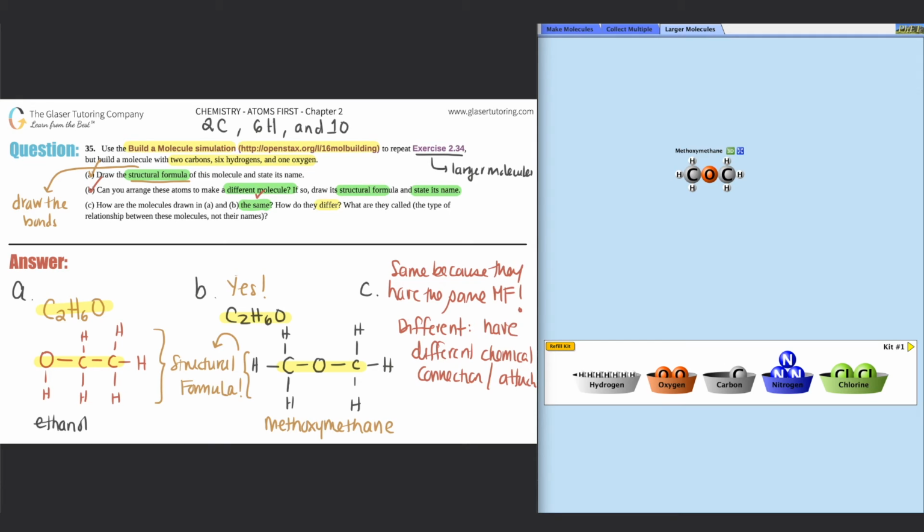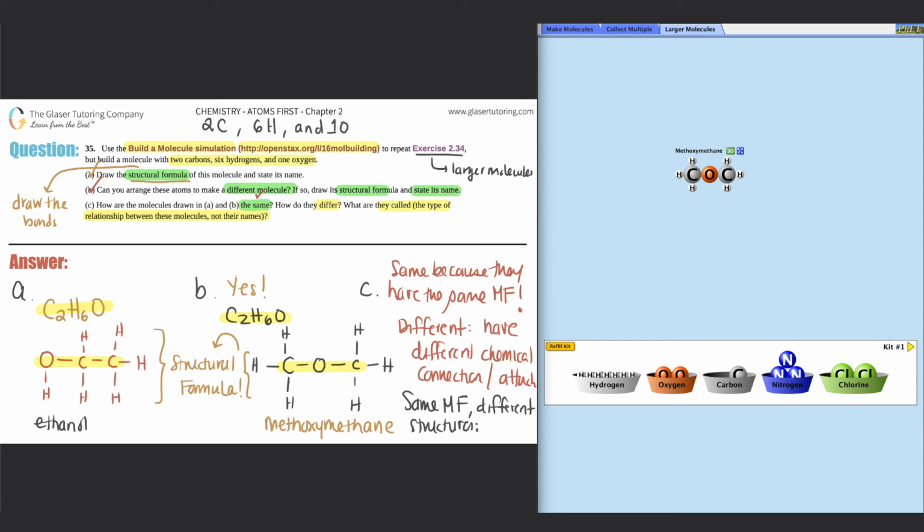So what are they called? What's the type of relationship between these molecules, not their names? So, if you have the same molecular formula, so same MF, but different structures, these are called what?